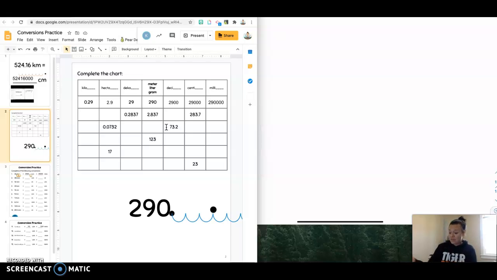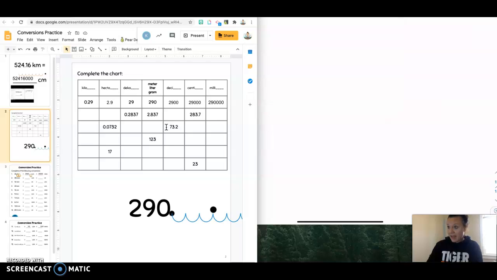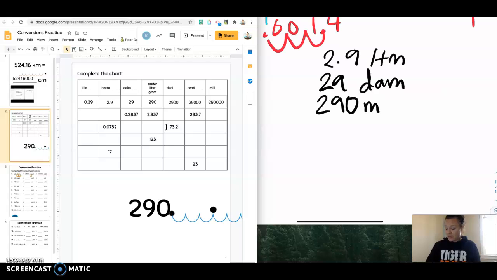So if you see here, I have 290. Let's call it meters. If I have 290 meters, that's the same thing as having 29 decameters. And also the same thing as having 2.9 hectometers. And also the same thing as having 0.29 kilometers.